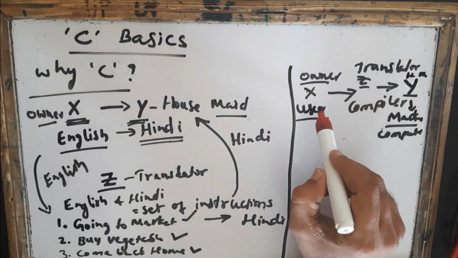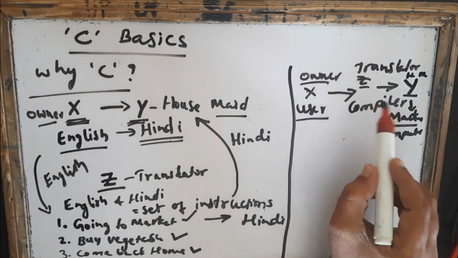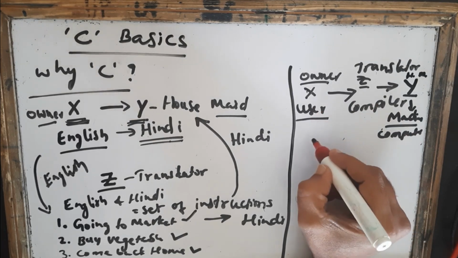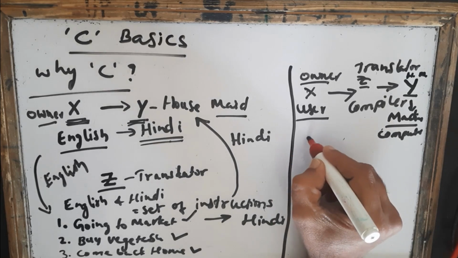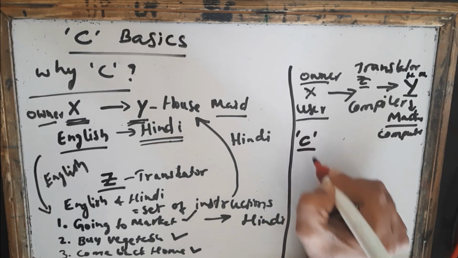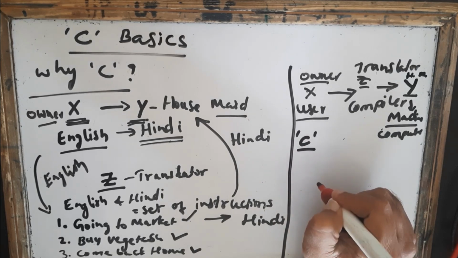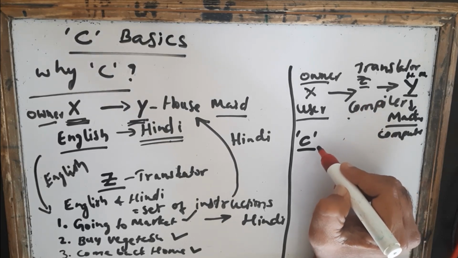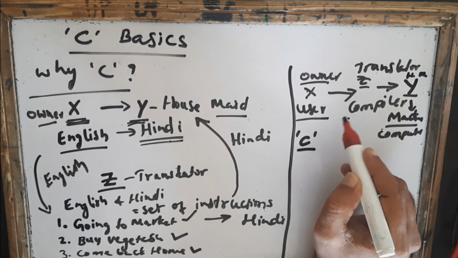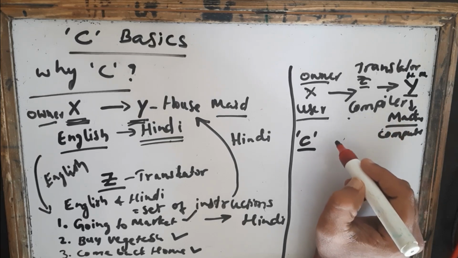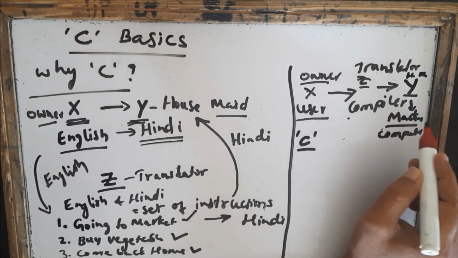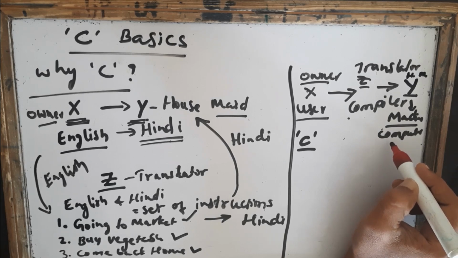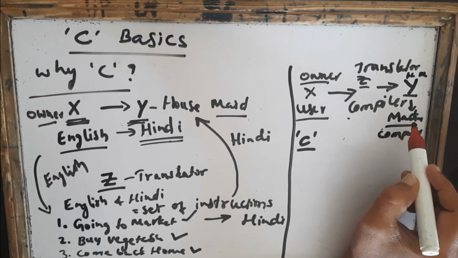So the user, whoever wants to use that computer, will write instructions in his own language. Here the language is C. In the C language we write all our instructions, and we use a compiler or a translator. That will translate all the instructions written in C language and convert them to machine instructions, or we call it computer instructions, machine understandable code.